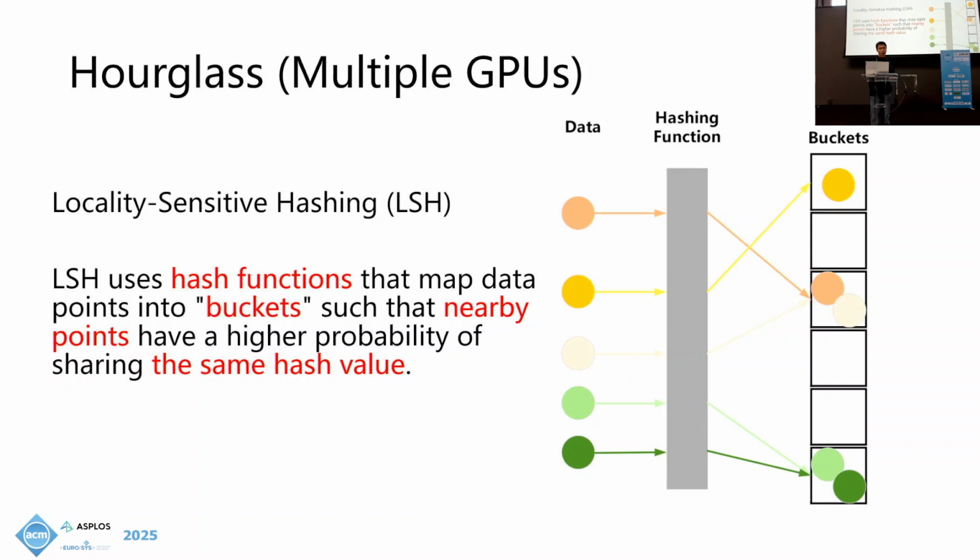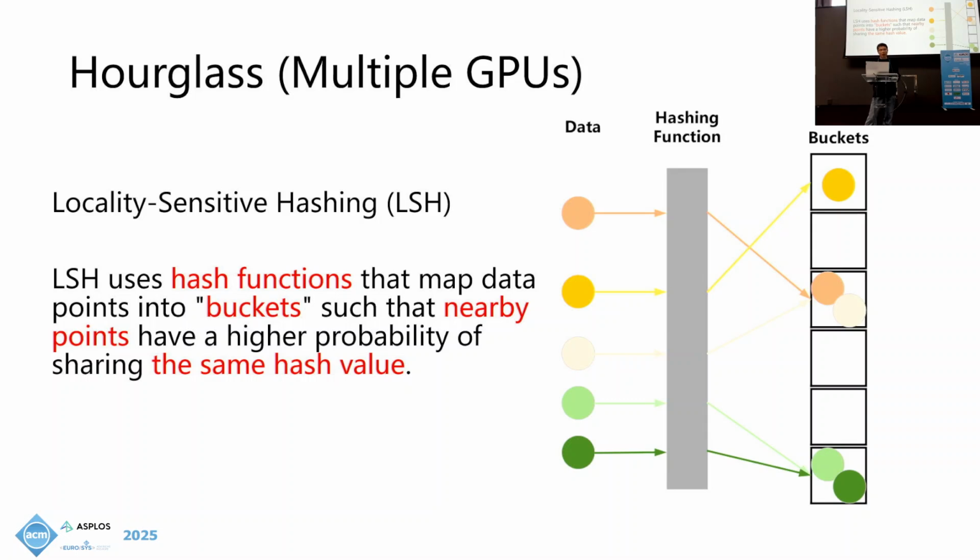So we introduce LSH. LSH uses a hash function that maps the data points into buckets, such that nearby points have a higher probability of sharing the same hash values. Here's an example. There are 5 data in the right image, and the data with a similar color have a similar distribution.